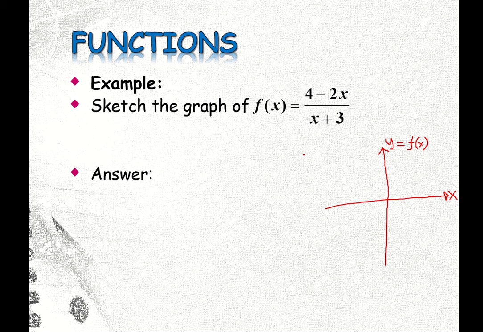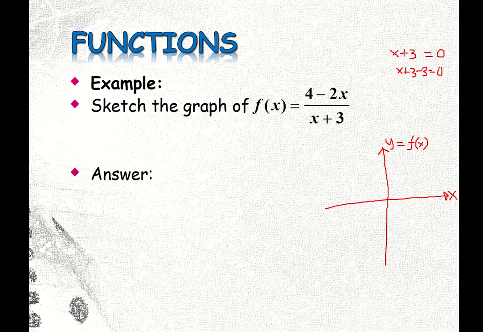Now the asymptote here, you solve for the zero of this, so we have x plus 3 equal to 0. When you subtract both sides by 3, we have x plus 3 minus 3 equal to 0 minus 3.